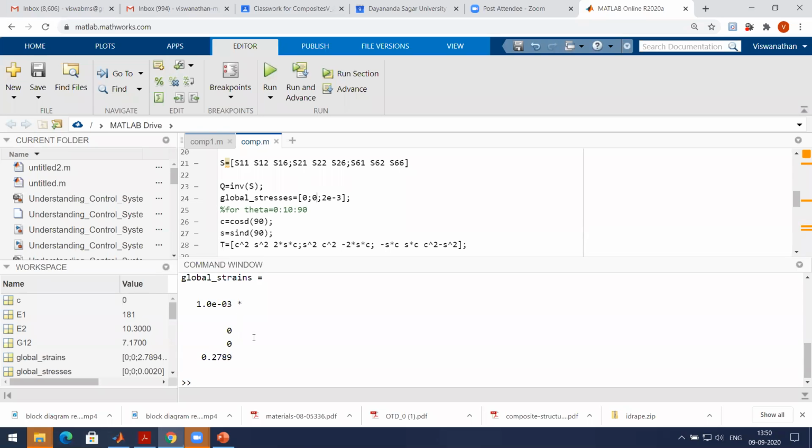So what is this kind of material called? Not isotropic. Specially orthotropic. Okay, specially orthotropic materials.